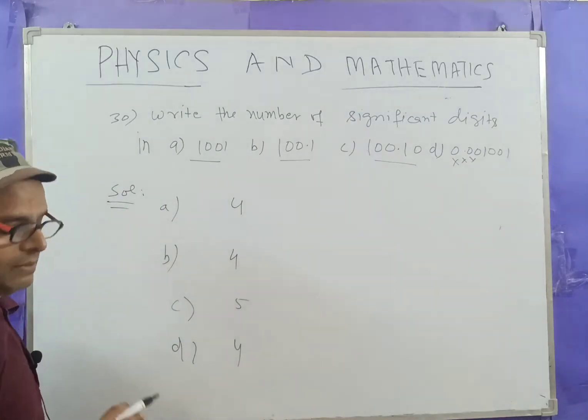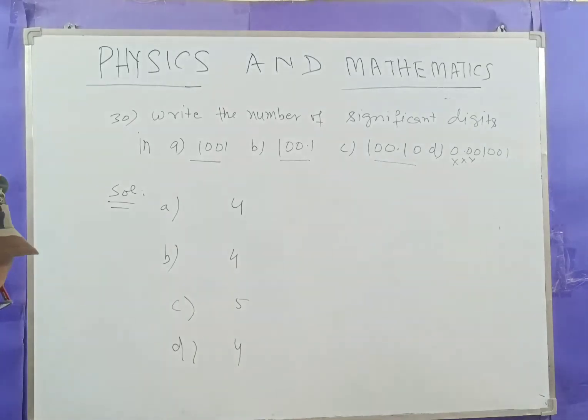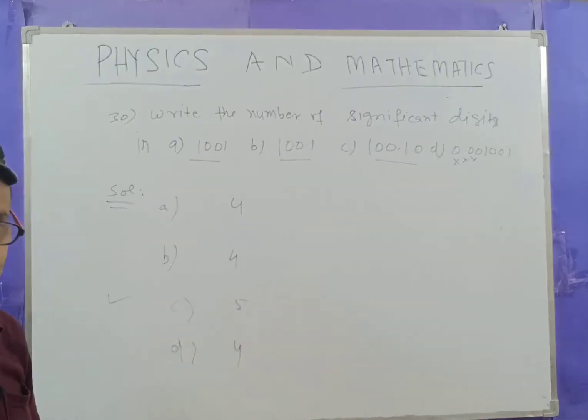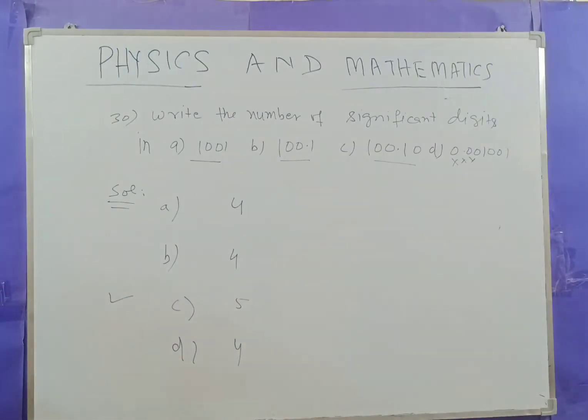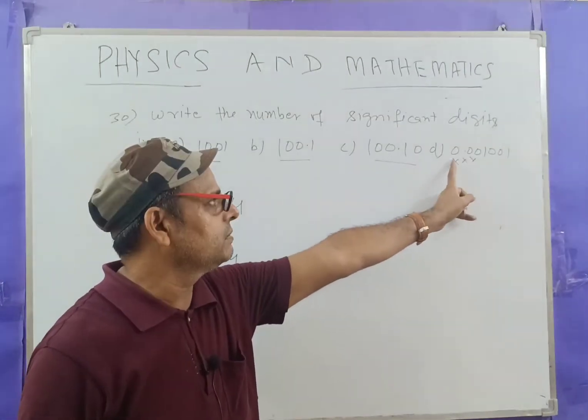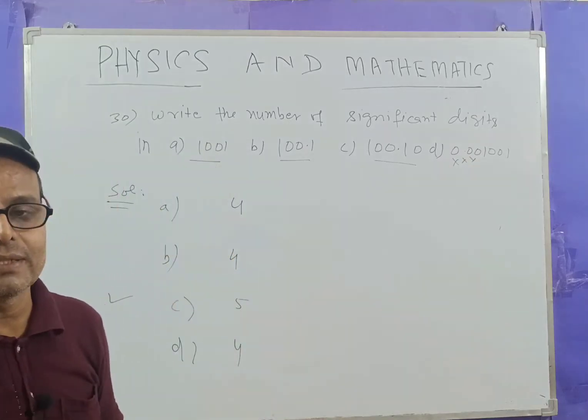So this is the answer for the significant figures: 4, 4, 5, 4. I think you got it. Here the beginning zeros are not counted as significant figures.